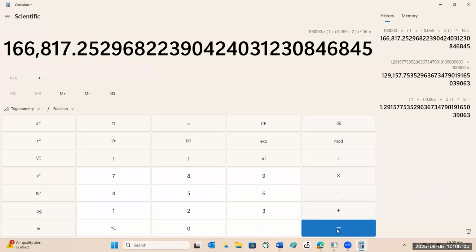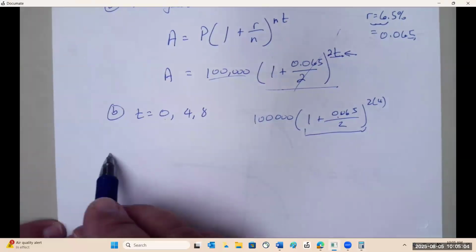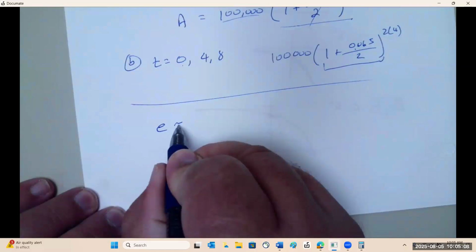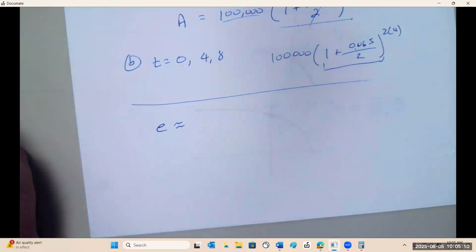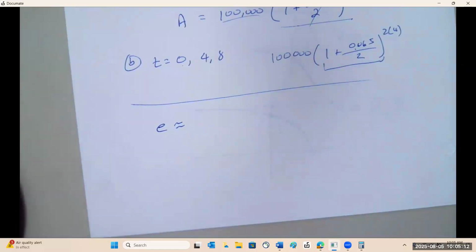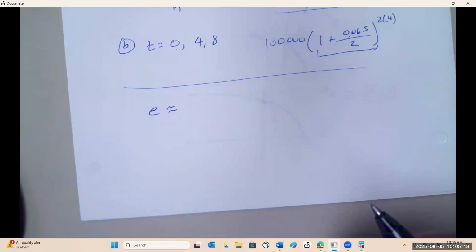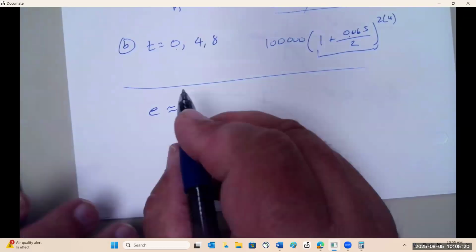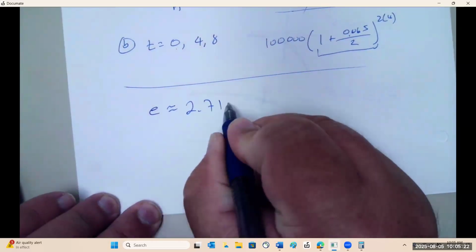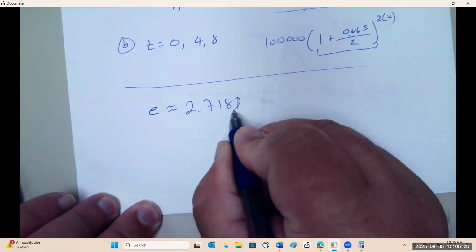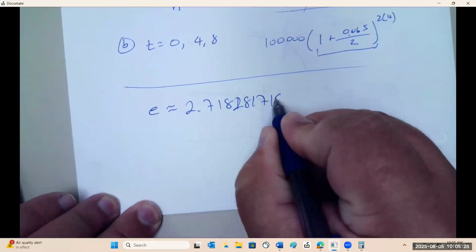Yeah, and for the rest of these, I do have to show you one last thing. There is a value with this equation here. We come up to a value called the exponential number, E. It's a constant. It's 2.718281 or something like that.